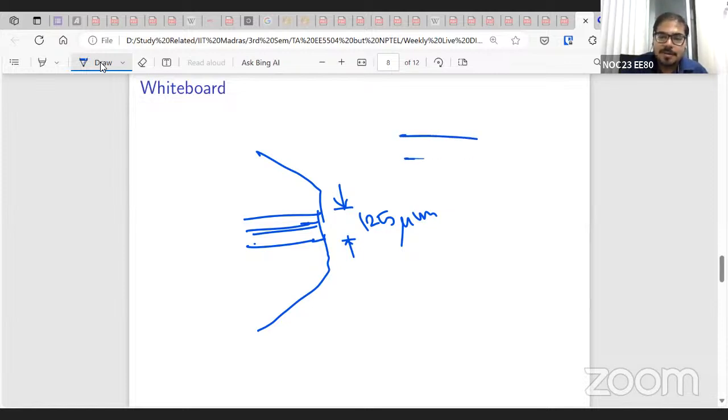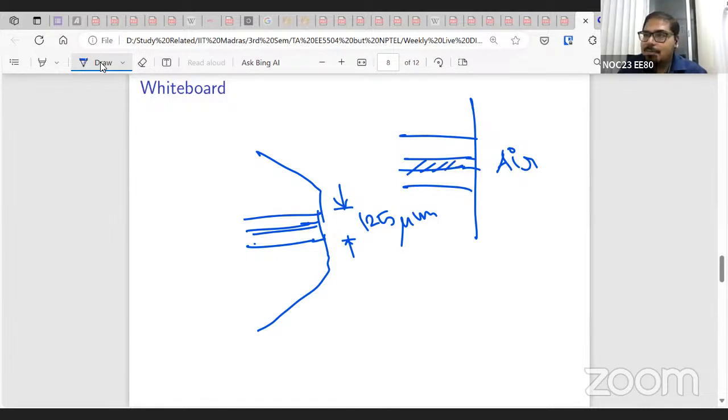Some of the fibers will be FC PC, which is a polished connector with a flat edge. But because it is open to air and this is glass, at the boundary there will be Fresnel reflections. To avoid those, what is more common in our lab is the angle polished connector.